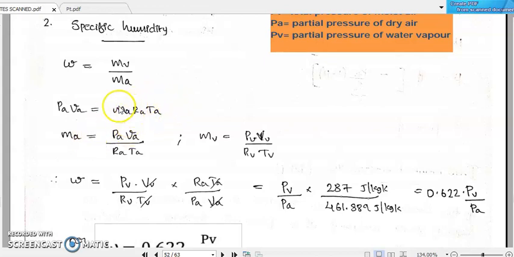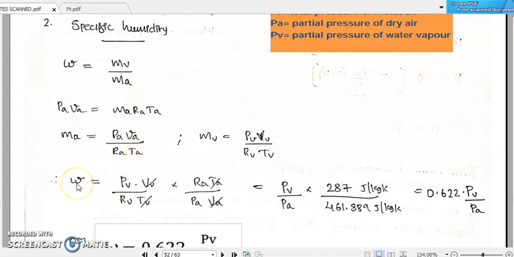So ma can be written as PaVa by RaTa. Similarly, mv, the mass of water vapor, can be written as PvVv divided by RvTv. The subscript v stands for vapor, that is the water vapor, and the subscript a stands for dry air.